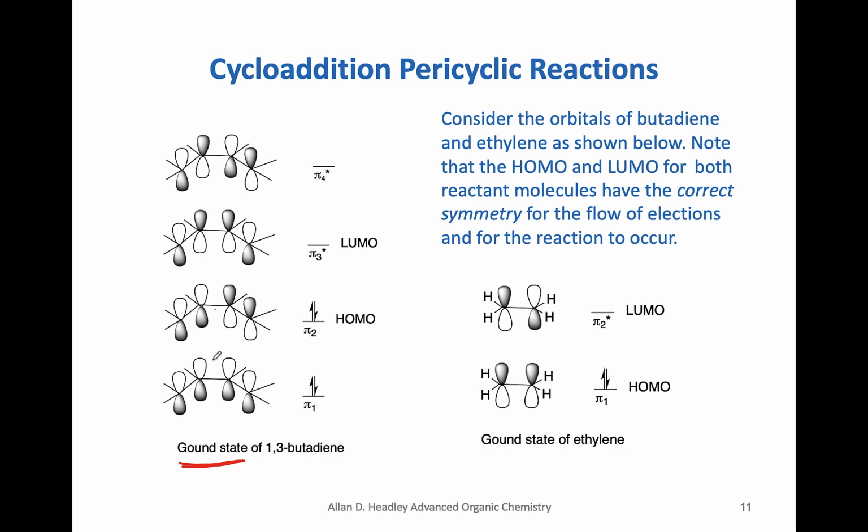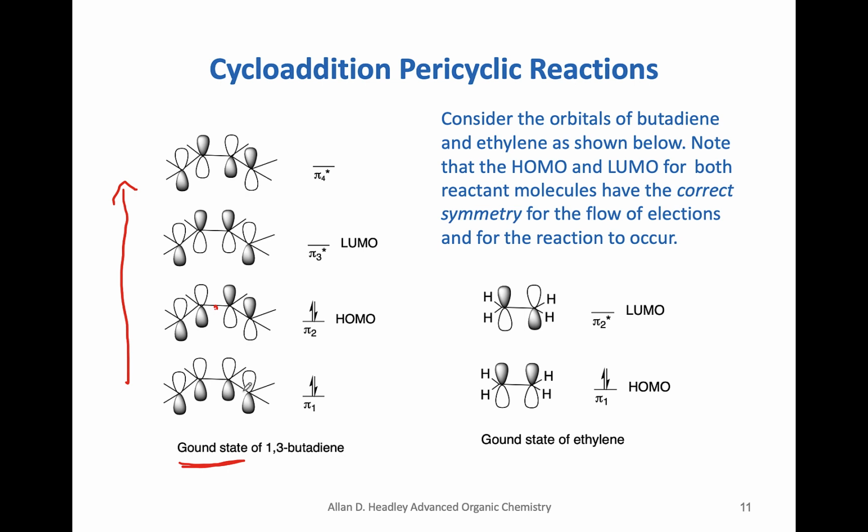So notice there are no nodes here. Here's 1 node because we're going from unshaded over to shaded. Here we have 2 nodes. So we're going from here over to here and back over. And the last one has 3 nodes. Notice again, energy is going in this direction. So this is highest in energy and this is lowest in energy.